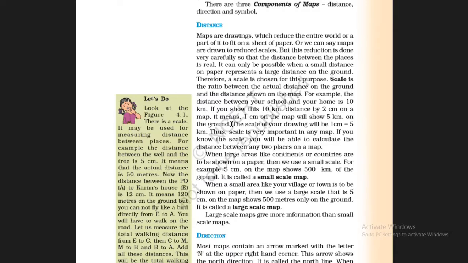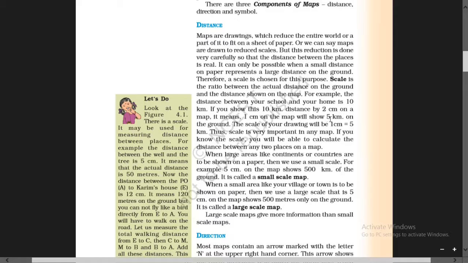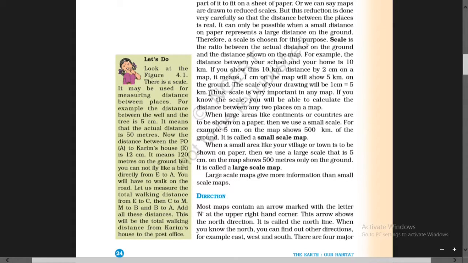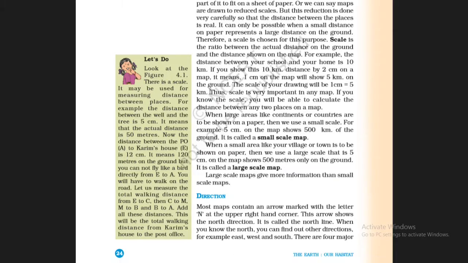So the scale of your drawing will be 1 centimeter is equal to 5 kilometers. That means 1 centimeter is represented by 5 kilometers.